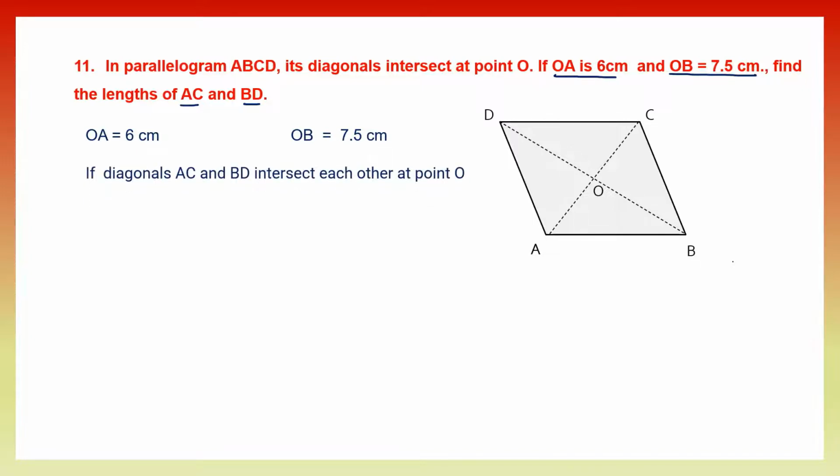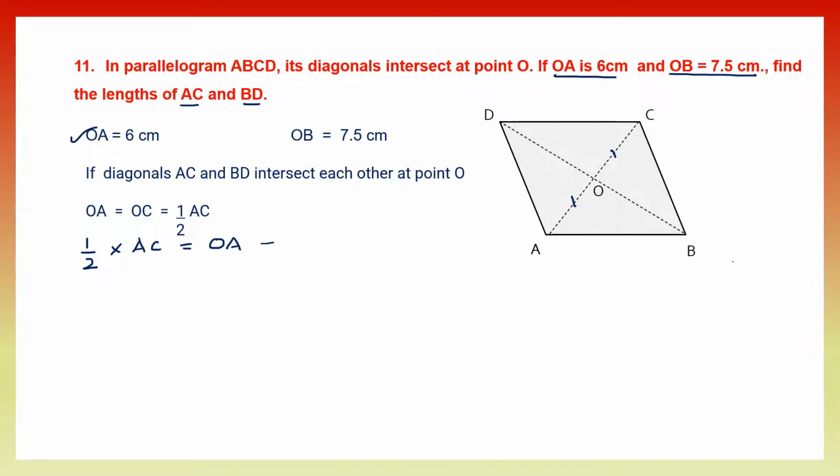We know that if diagonals AC and BD intersect each other at point O, then OA is equal to OC, which is equal to 1 by 2 AC. OA and OC will be equal to each other, and each one is equal to 1 by 2 AC. That means 1 by 2 into AC is equal to OA. I'm taking only OA because the measurement of OA is given to us.